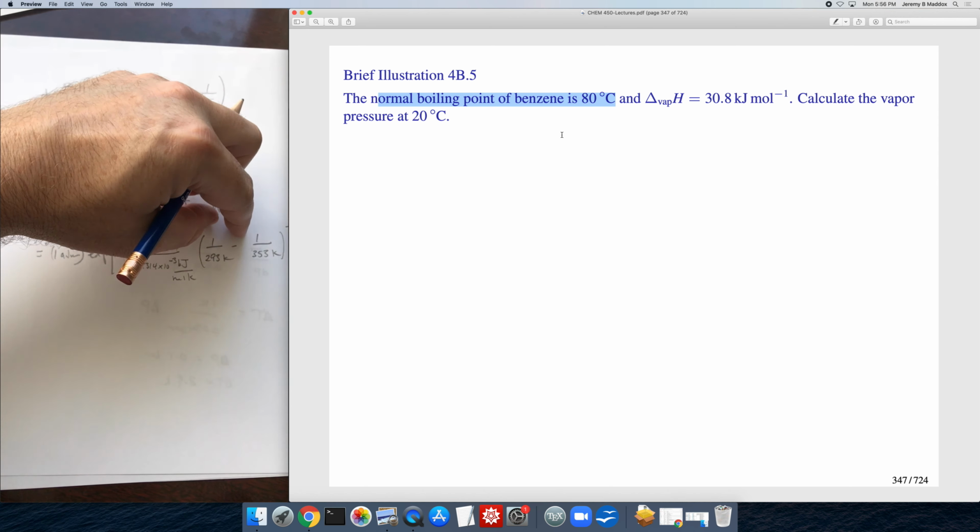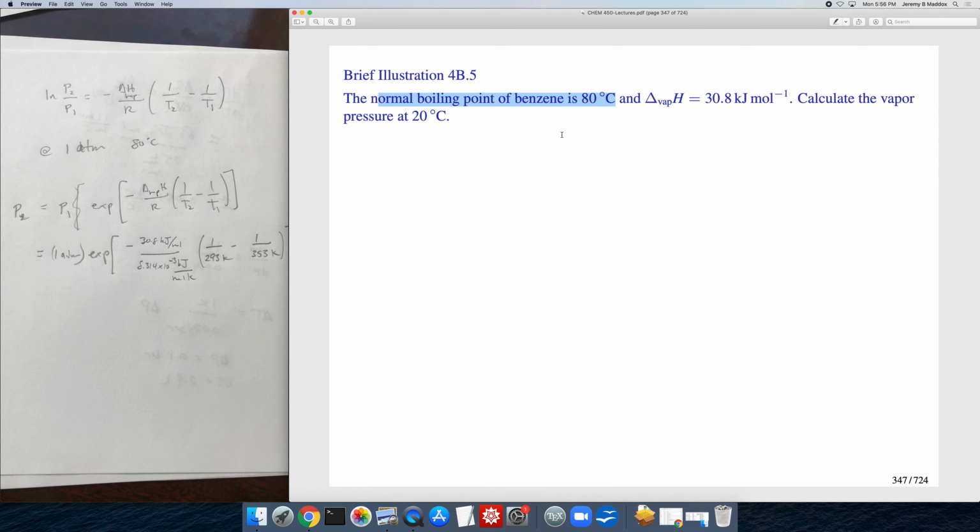So I'm going to start with the temperatures. 1 divided by 293 minus 1 divided by 353. Try that one more time. 1 divided by 293 minus 1 divided by 353. Then we'll multiply that by 30.8 and divide by the gas constant.